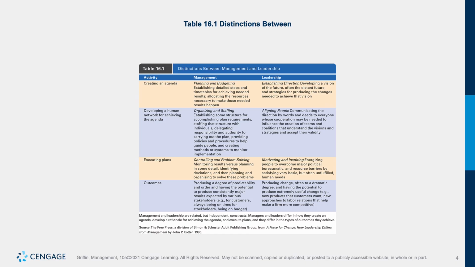In contrast, the leadership side of executing plans focuses on energizing people to overcome bureaucratic hurdles to enable them to reach their goals. Organizations need both effective management and strong leaders if they want to be successful.